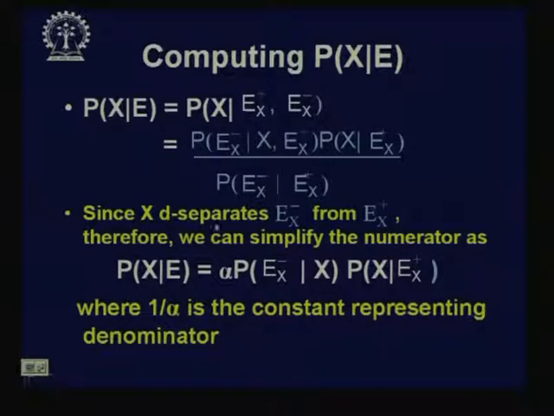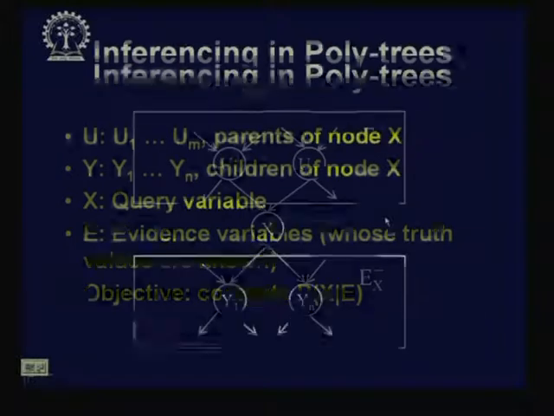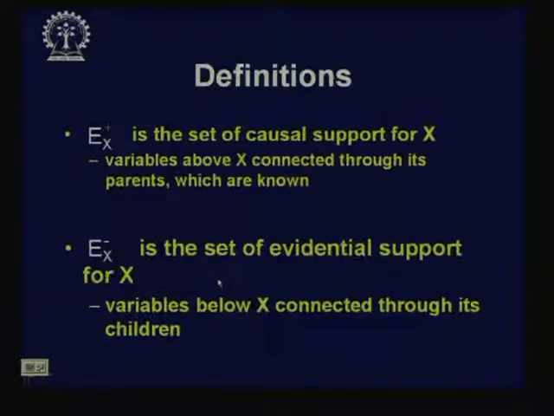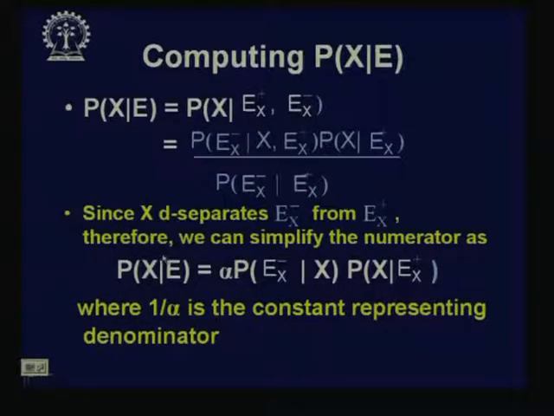Since x is deseparating E x minus from E x plus, x is also deseparating these two clusters, because all of them are coming through x. Therefore, I can further simplify it.